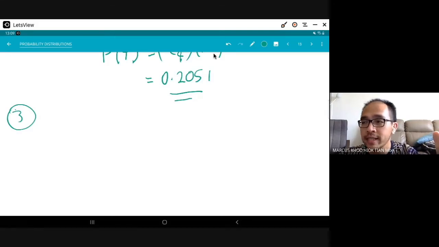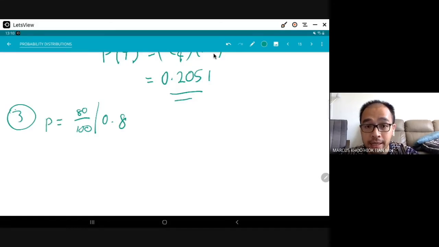In 5ST, 100% of the students own mobile phones. Okay, so anyway, 80% of the Form 5 students own mobile phones. Let's think about this. 80% means 80 over 100. Okay, atau dalam perpuluhan it will be 0.8.